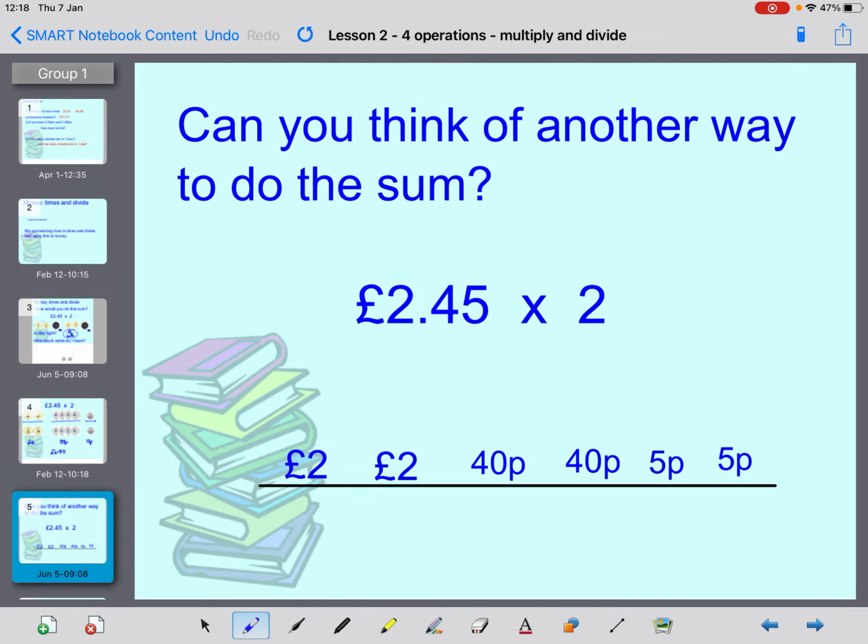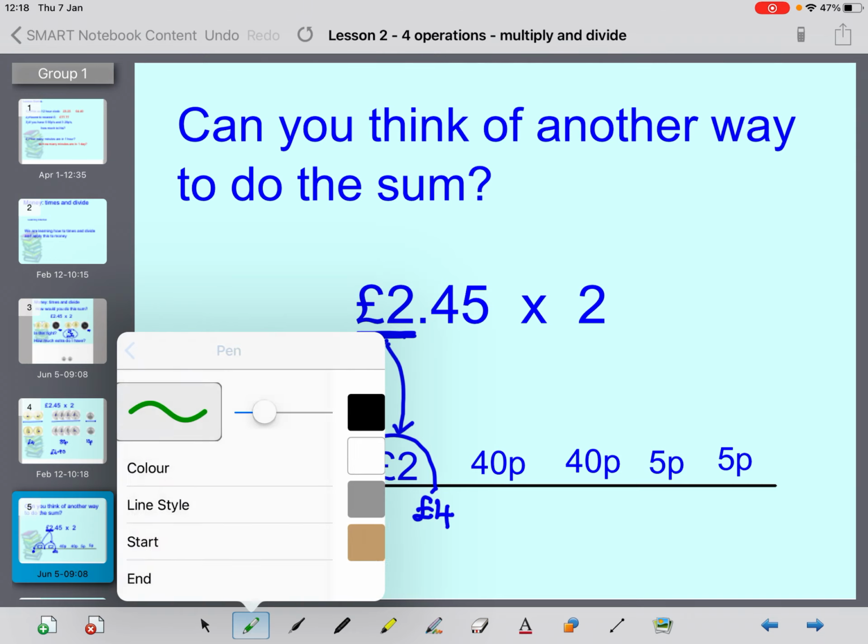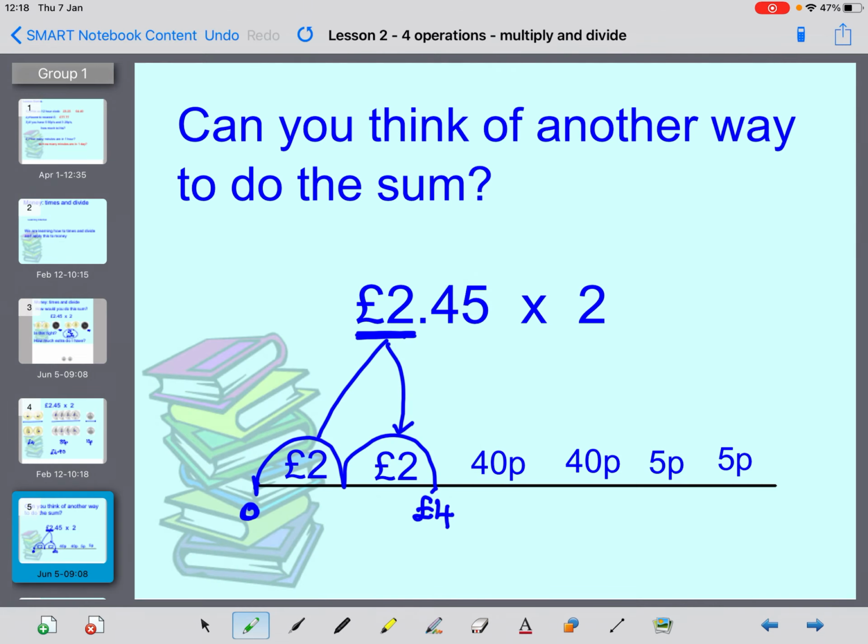Another way to do it is to think about a number line. If you start with 0 and you're doing everything twice, okay, so £2 is there twice. So if you start from 0 and add £2 and then add another £2, you've got £4. And then what we have here is the 40p.